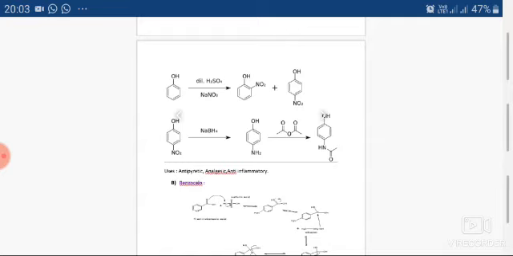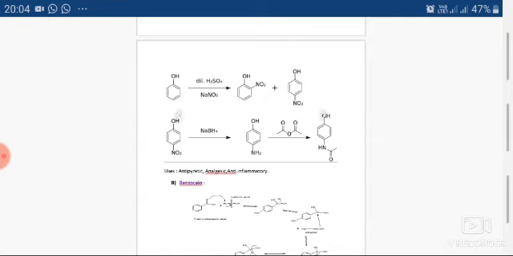Now this separated paranitrophenol is subjected to reduction with sodium borohydride, lithium aluminum hydride, or iron and HCl, or tin and HCl. Any one of all those 4 reducing agents can be used to reduce the nitro group directly into amino group.